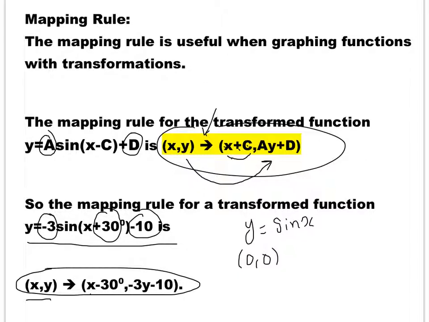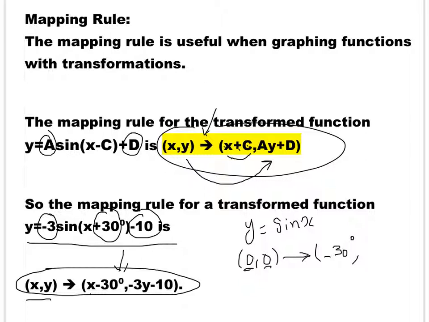Now, if I ask you, what is the transformed notation of this point? Meaning, if this point is transformed, what is the new coordinate? Very simple. I use the mapping rule here. What was x before in the base function? 0. So I say 0 minus 30. What is 0 minus 30? Minus 30.